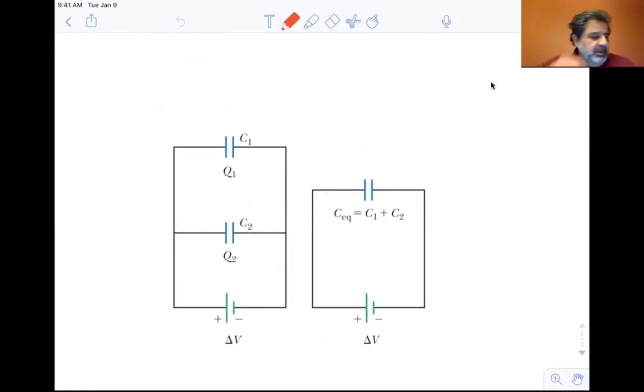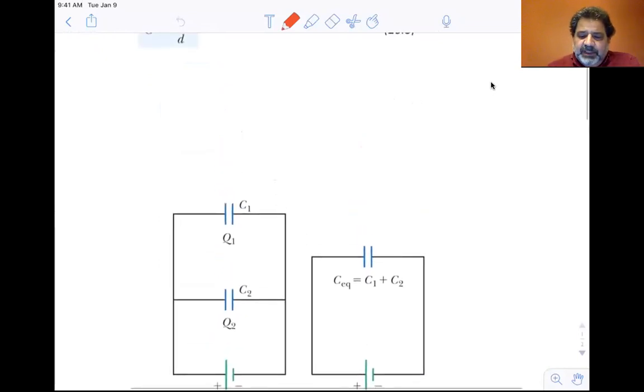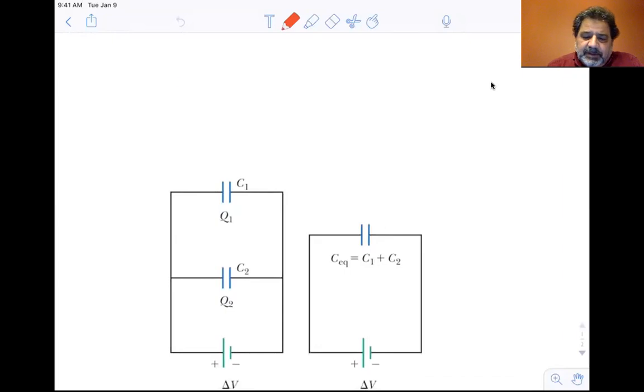We said that C equivalent is equal to C1 plus C2. And for the purposes of discussion, let's leave the dimensions, the area, these are equivalent capacitors, so the area is the same and the distance is the same.